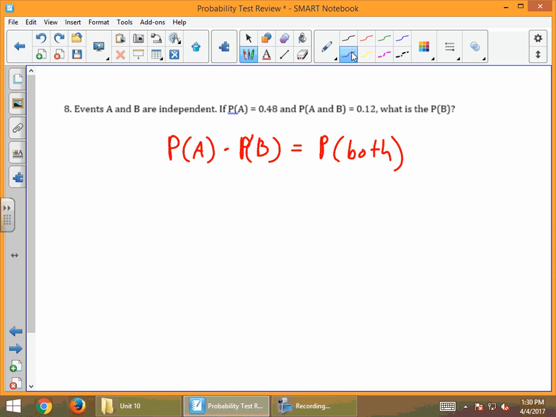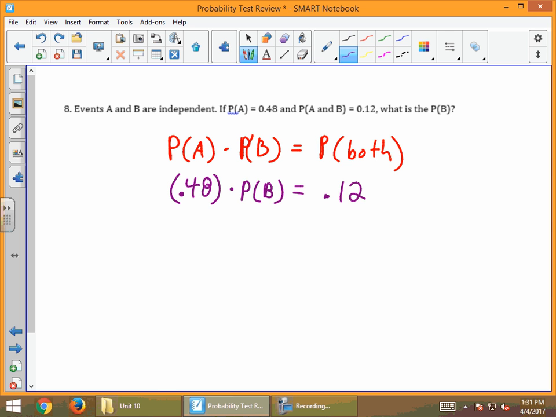Let's just fill in our chart. What's the probability of A? 0.48. What's the probability of B? We do not know. So we're still going to keep that as the probability of B. Do we know the probability of both? Yes. Now, this looks very weird. You're saying, I don't know what to do here.